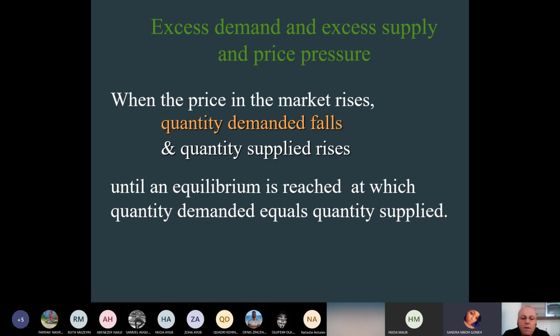For example, if there is an excess in demand, what can we do to solve such a situation? You explained excess supply and the solutions, what we can do in case there is excess supply. But I don't understand for excess demand. If there is an excess demand, what can we do?